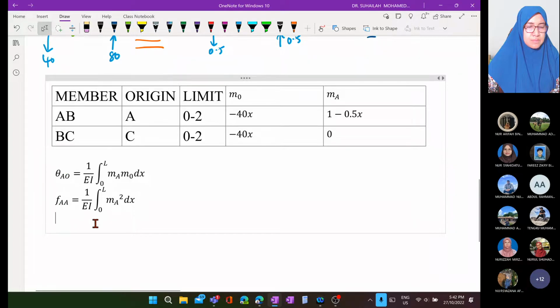FAA means MA times MA. Integrate using a calculator. Do not integrate manually because you will spend more time. What is most important is that we want the displacement, because if we don't get displacement, we don't get the redundant. So please integrate theta A naught and FAA now.